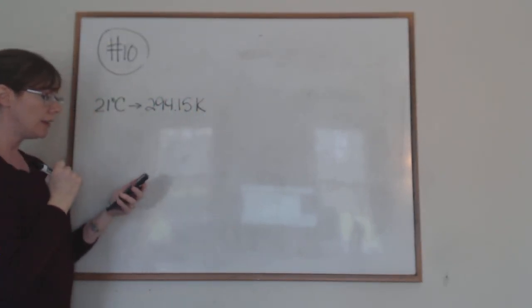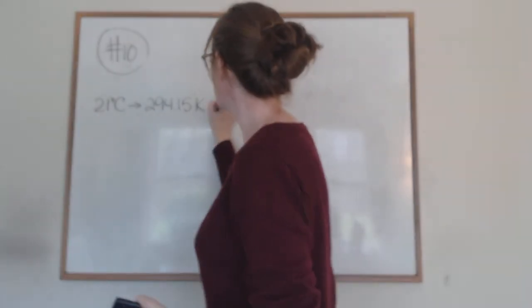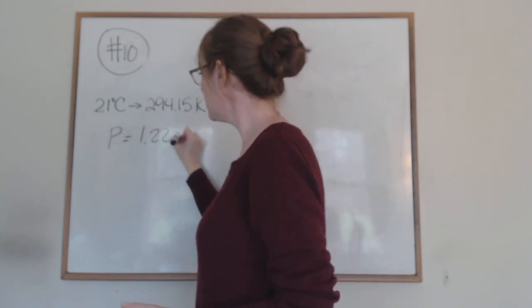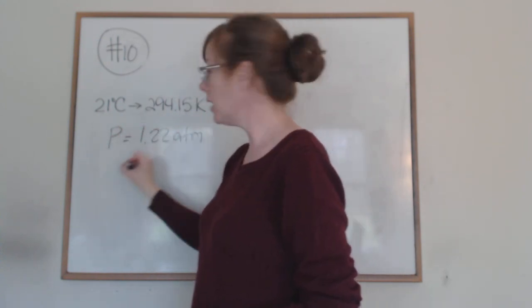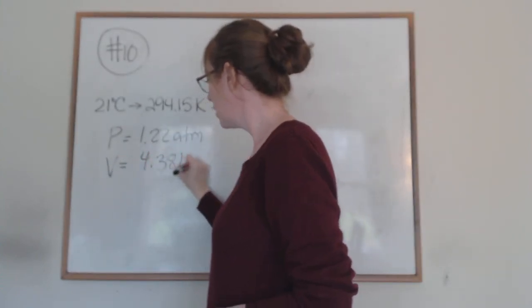Okay, so I just added 273.15. All right, anyways, exhibits a pressure, so that's the temperature. The pressure is equal to 1.22 atmospheres and occupies a volume of 4.38 liters.